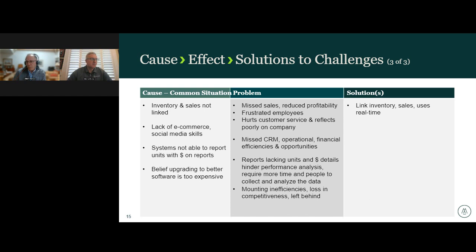So really find a way to link inventory, sales, and uses of product in real time. Look at outsourcing the skills. Oftentimes, data analytics skills. There are increasing number of sources out there that can really help you, that you can tap. And you don't need them all the time. You just need them in specific occasions. And then also selectively train and recruit for the skills that you do want to have in-house.